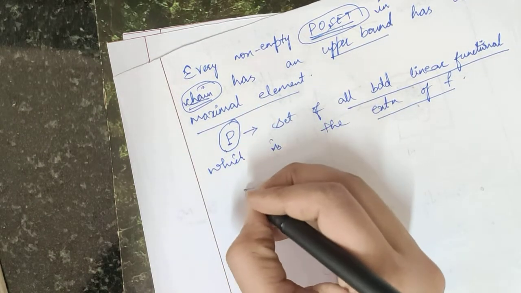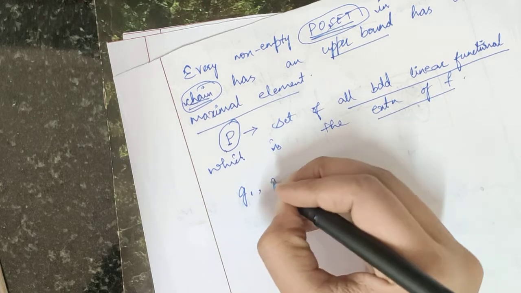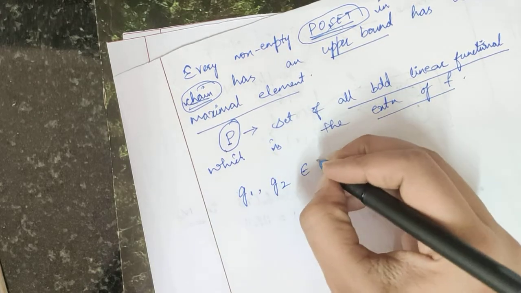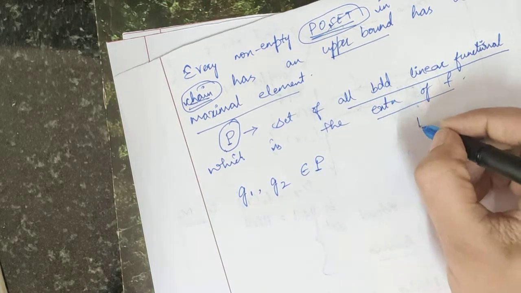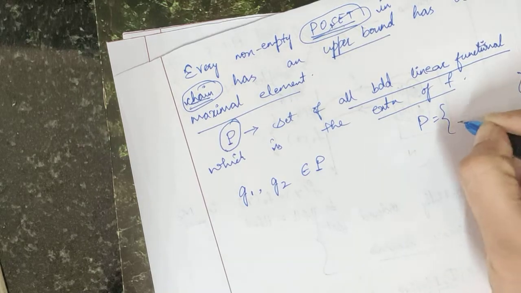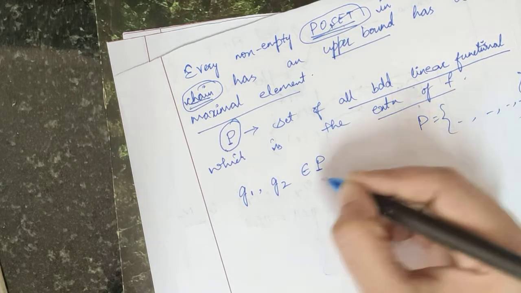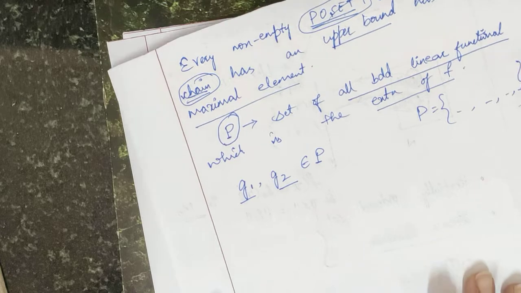So let's say we have some G1 and G2 which are coming from P. In the whole set we are choosing two points, that is G1 and G2.